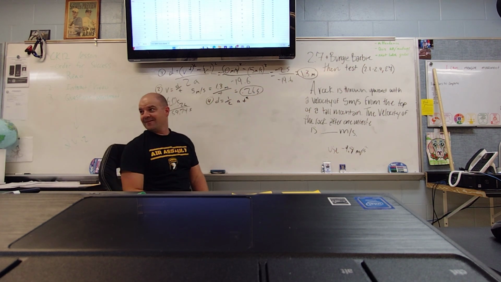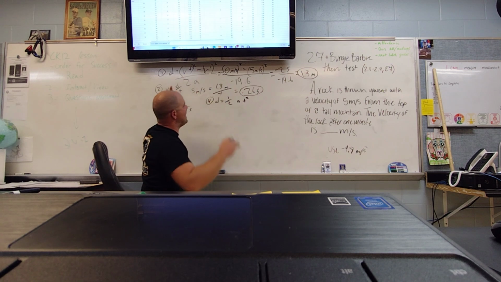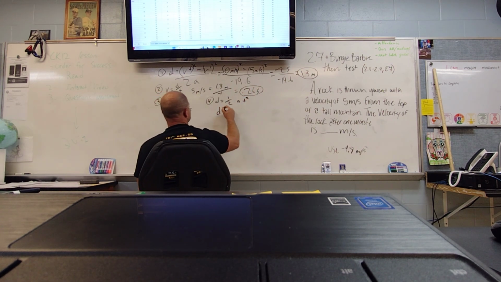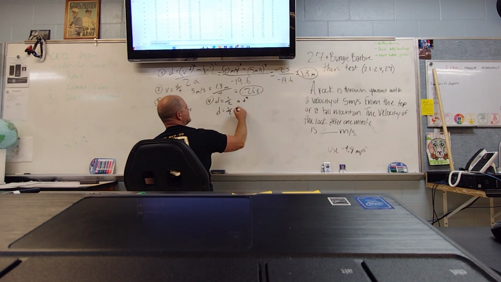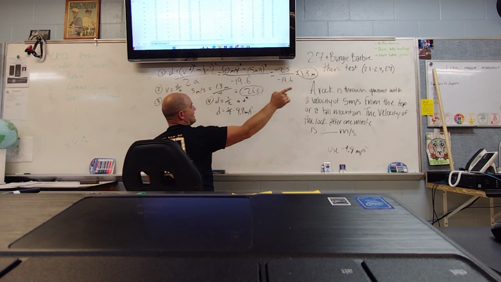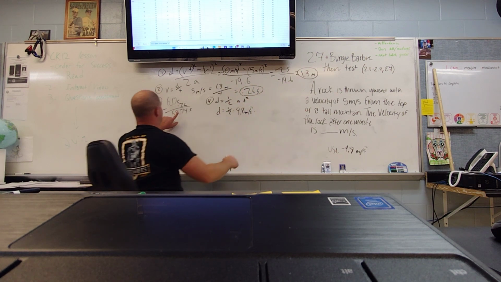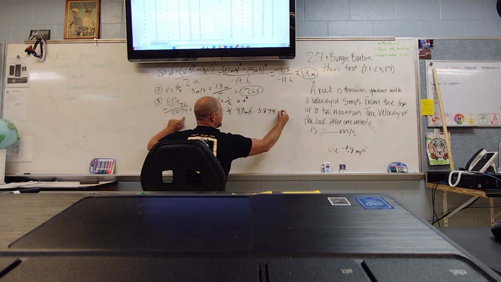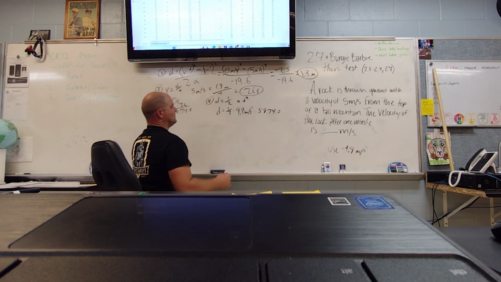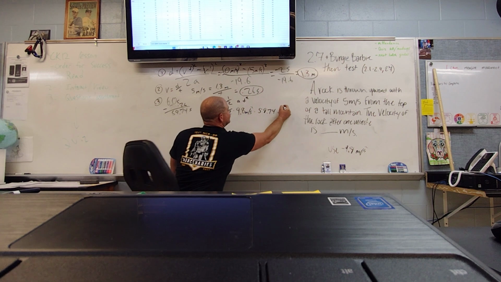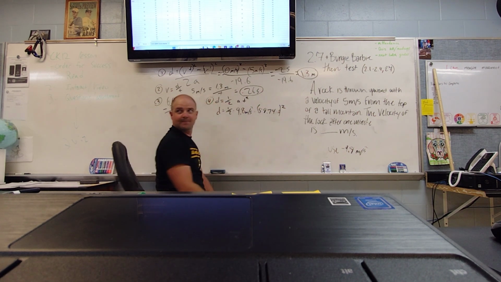And so we can plug in: displacement equals 1/2 times 9.8 meters per second squared times the 59.74 seconds, squared. So it'd be like this.